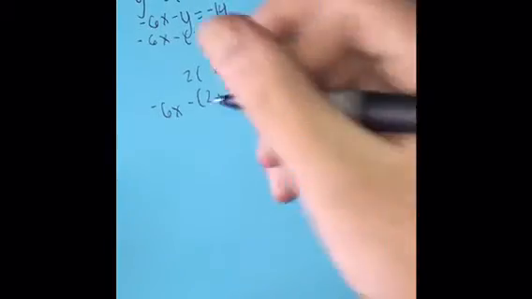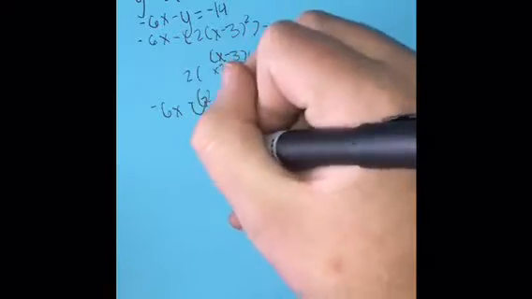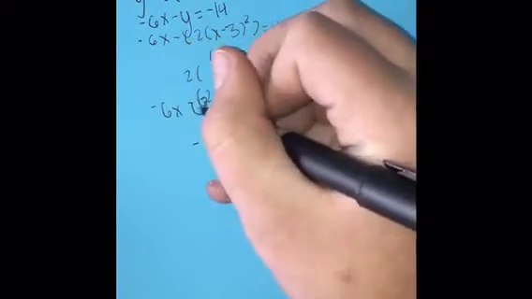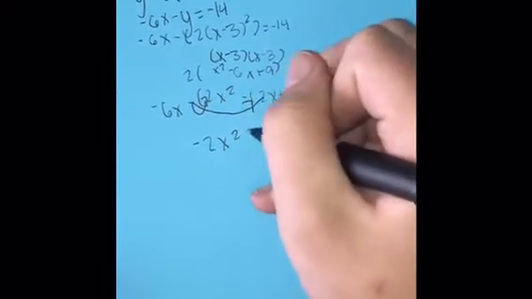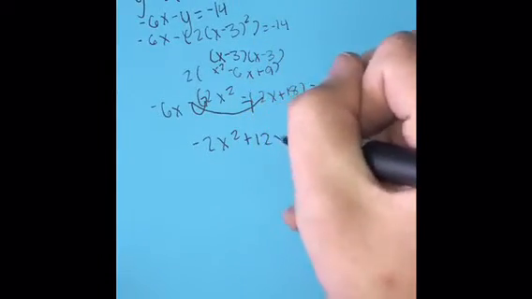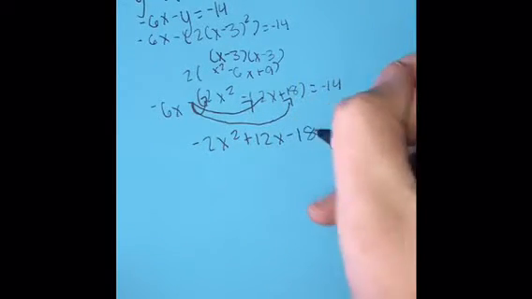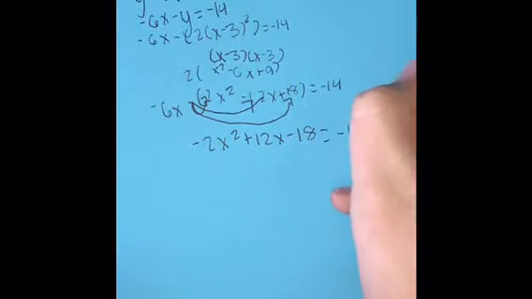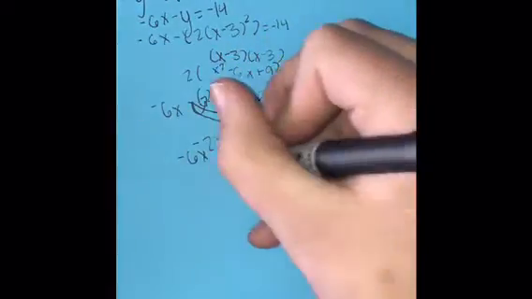Now we're going to distribute out this negative right here to make it easier whenever we are combining like terms. So we have negative 2x squared plus 12x minus 18. And we now combine like terms.